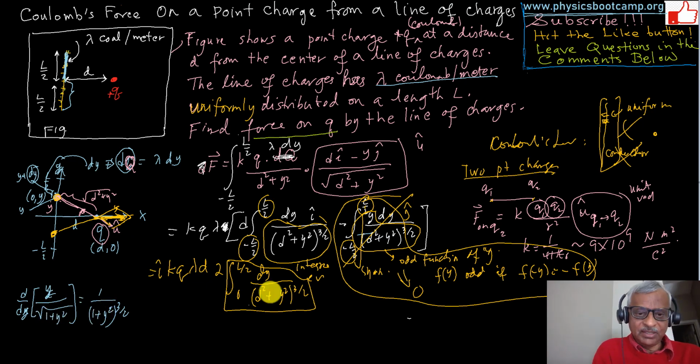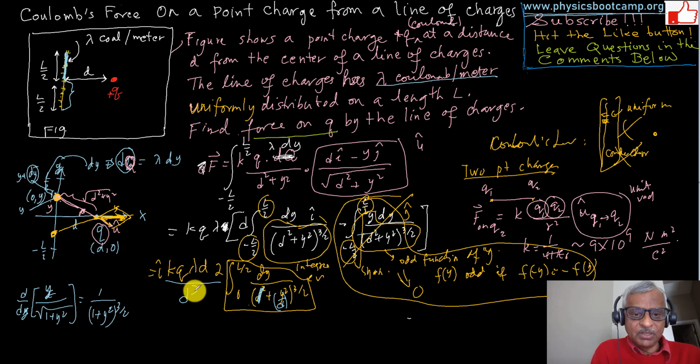If you check that, you can see that I can pull the d out, make it d cube here, so this becomes 1, and there comes y over d square.